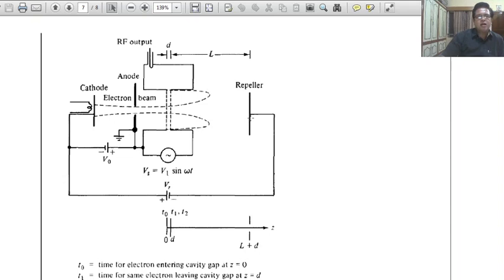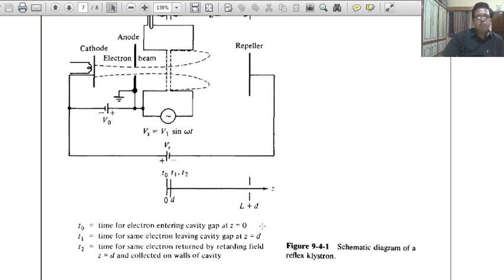It repels the electron. Here time is also shown: at this point time t0, this point t1, and t2, that means the return journey time, at a distance d, and after L plus d, and the x-axis shows the distance.